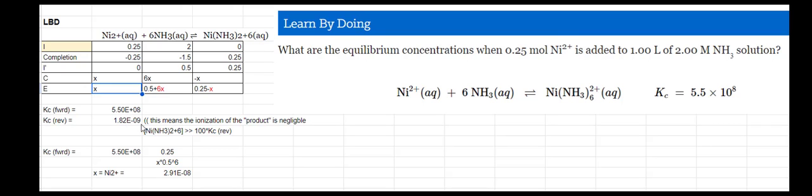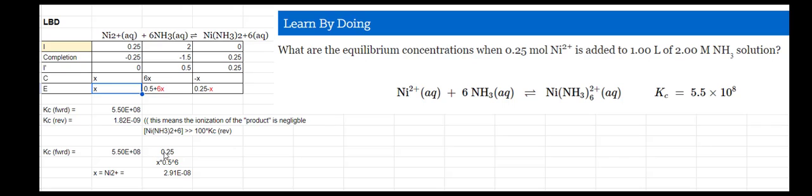So we could go through that check of saying, okay, the initial concentration of complex is way greater than 100 times K reverse. So we're justified in saying this minus x is going to be real tiny, and this plus 6x compared to the 0.5 is going to be negligible. So that really simplifies the math.